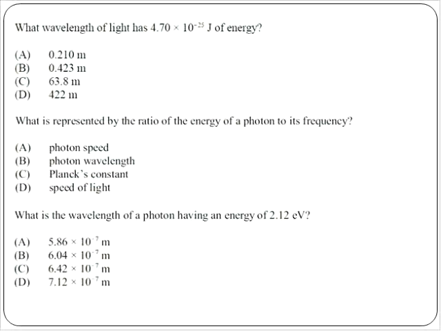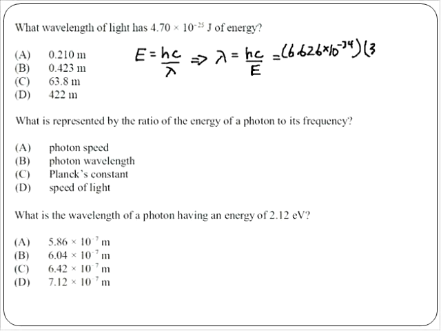What wavelength has that much energy? Well, we're going to use the other version of the formula now. Instead of saying h times f, we're going to say hc over lambda. If I want to know what lambda equals, I'll just rewrite the equation as hc divided by E. So we plug in our numbers again: 6.626 times 10 to the power of negative 34, that's Planck's constant, straight off the formula sheet.